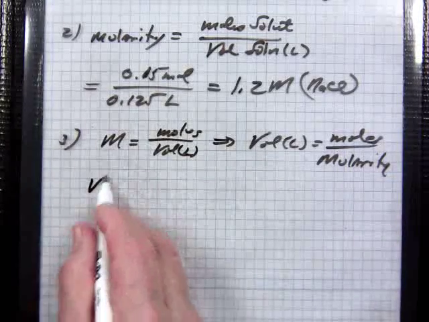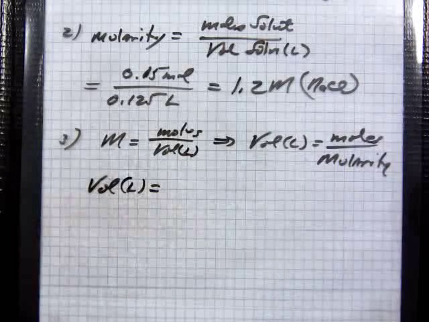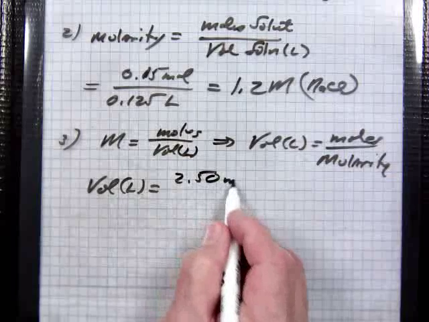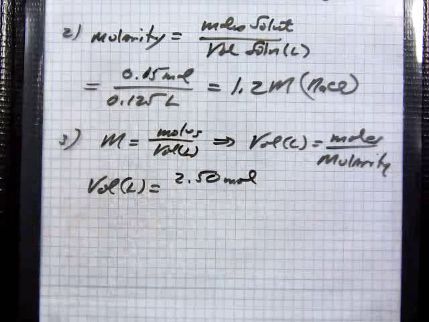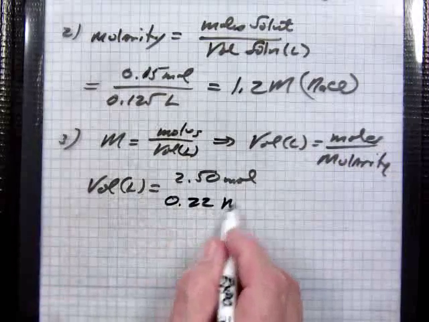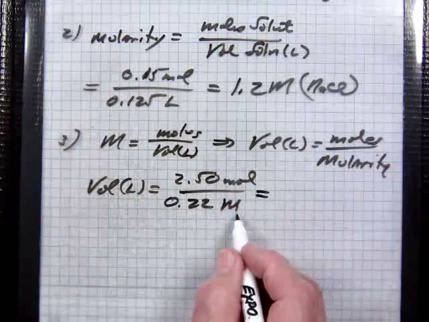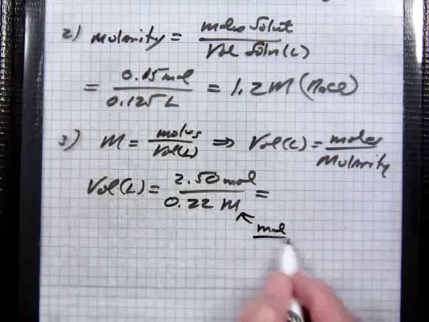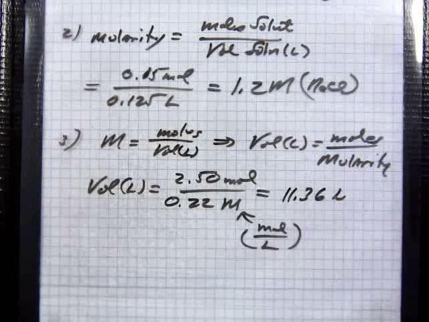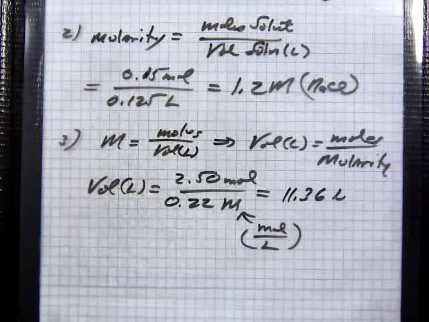And so the volume in liters, 2.50 moles of sodium hydroxide in a 0.22 molar solution. Well, that's moles per liter, if you remember. And so moles will cancel out, and you're left in liters. 11.4 liters. So using moles equals molarity times volume, you see how that translates into several kinds of problems here.